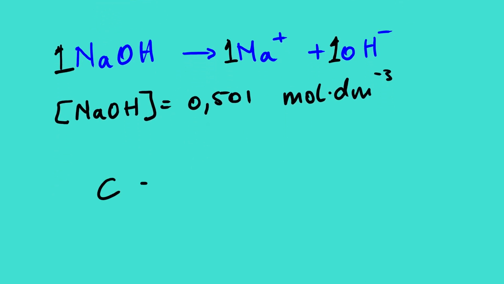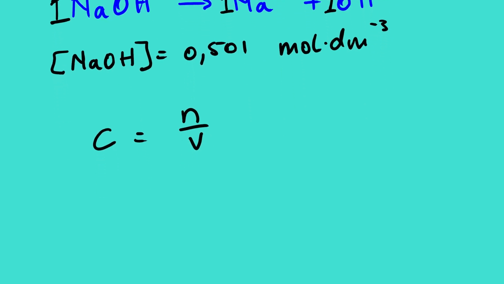Then from here we can use this equation, n over V. Our concentration is 0.501, it's equal to the number of moles over the volume, which we are given as 25 milliliters. We can quickly convert it to 25 times 10 to the power negative 3.